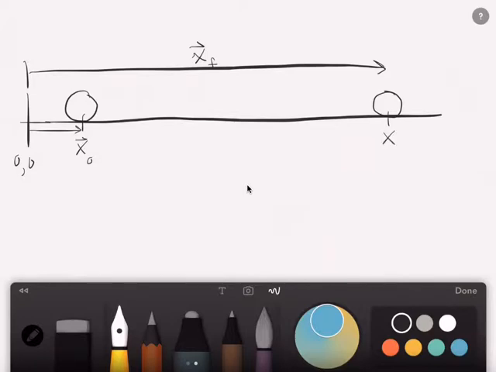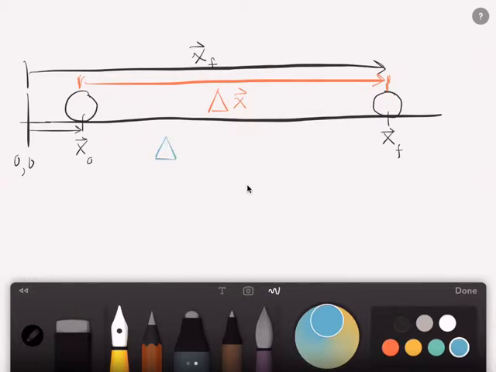We can label it like that, given our ordered pairs. And so our displacement will be between this point and this point. It's just another vector, delta x. Therefore, this is where we get our delta x equals xf minus x initial.